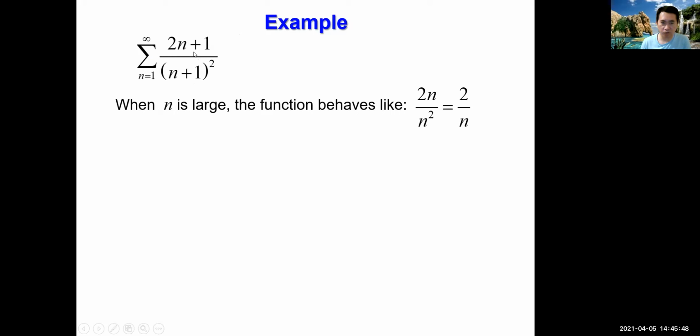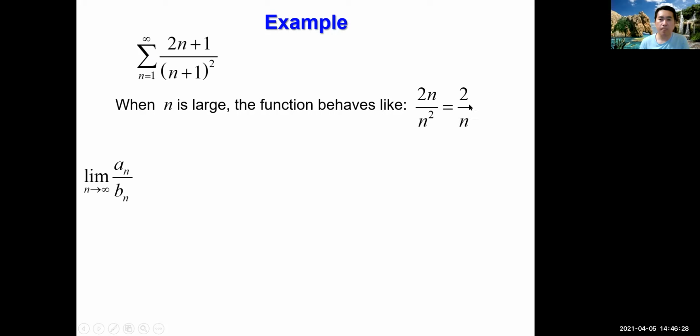When n is large, the 1 is nothing compared to 2n, so I drop the 1 and keep 2n. In the denominator, again, the 1 compared to n is nothing. Drop the 1, so you have n, but don't forget the square, so it's n squared. So it's going to behave like 2n over n squared, or 2 over n, because when n is huge, the 1 is really nothing.